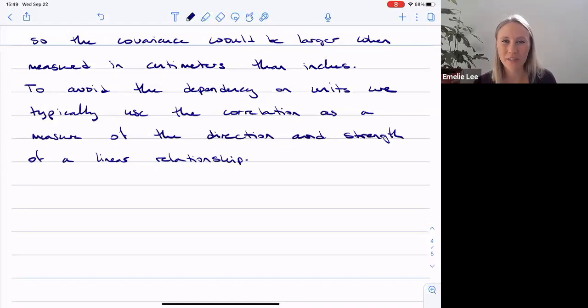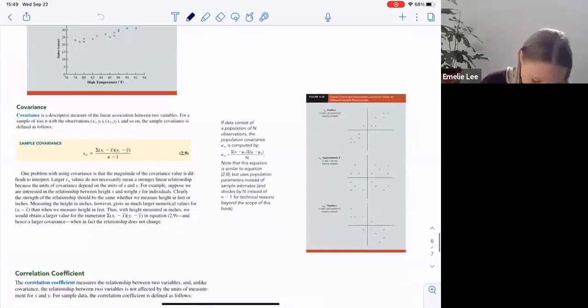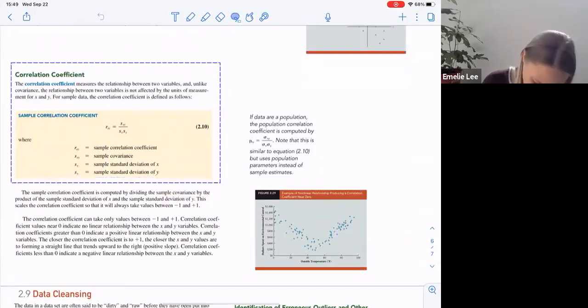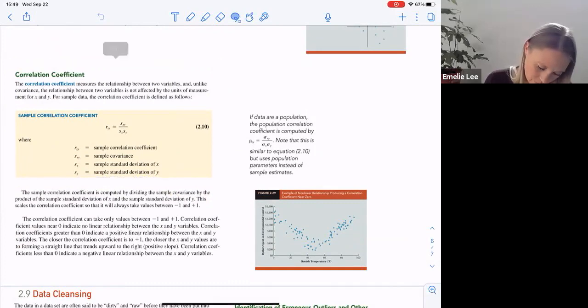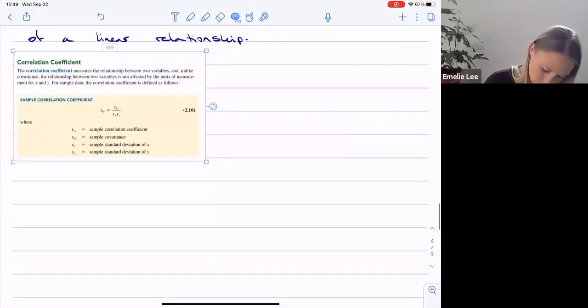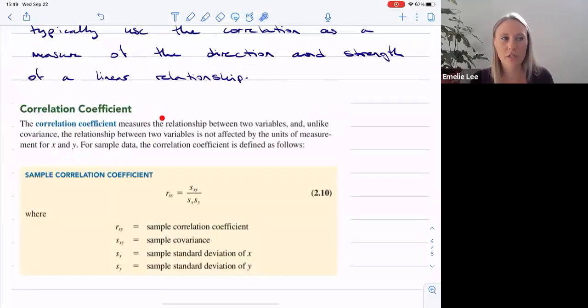It uses the covariance, so we need the covariance in order to get the correlation. So it's called the correlation coefficient, but technically it's called the Pearson correlation coefficient, but we usually just call it the correlation.